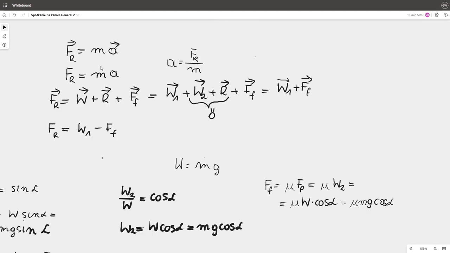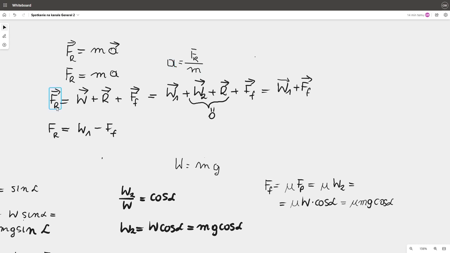We write Newton's second law of motion in vector form, here. And for magnitudes, here. We transformed this last equation to this form. We calculate from it acceleration.